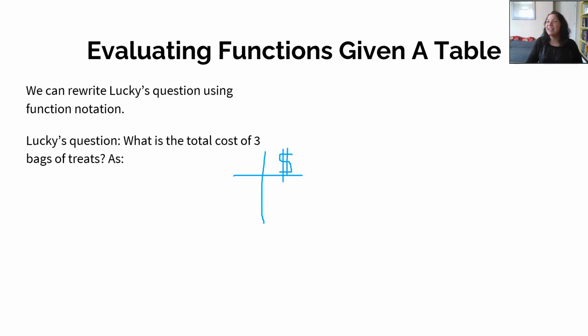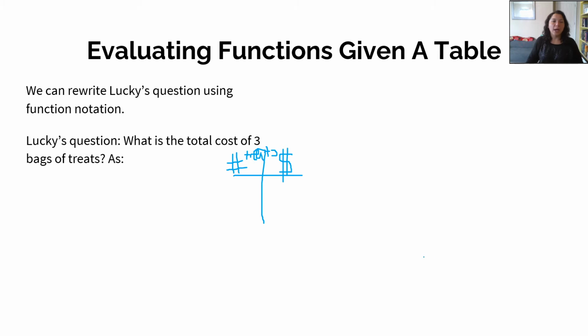And then over here, that was the number of bags of treats. Okay, you guys know what I'm trying to say there. Now that should say treats, I promise.